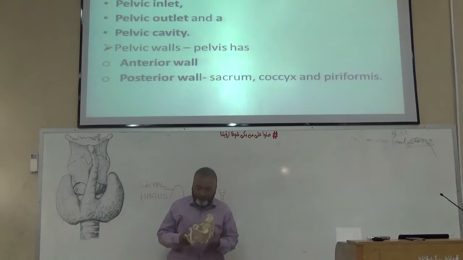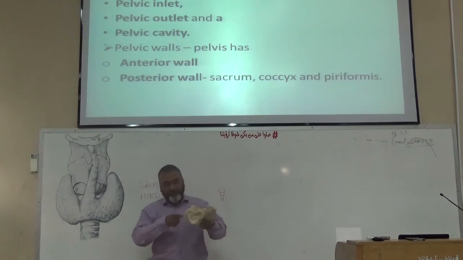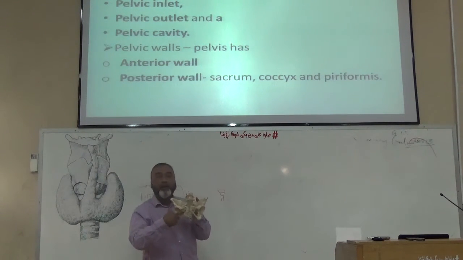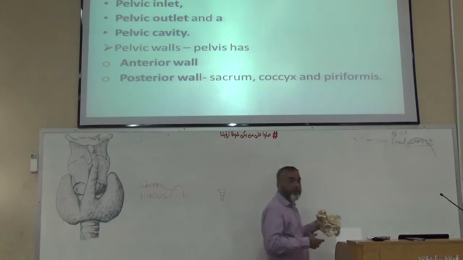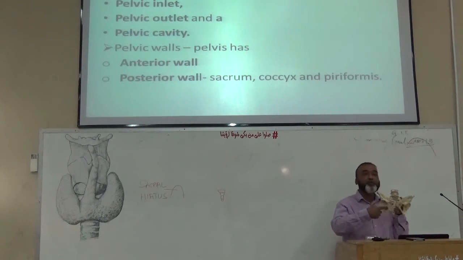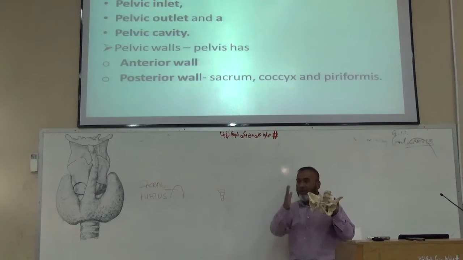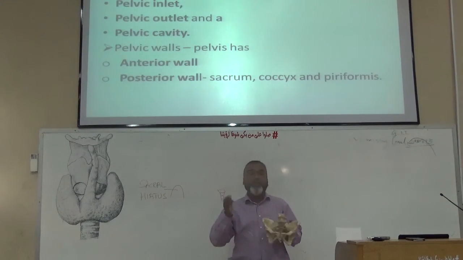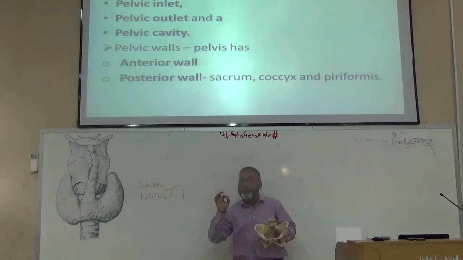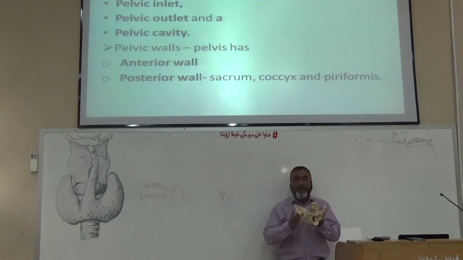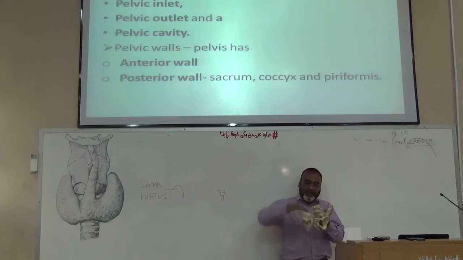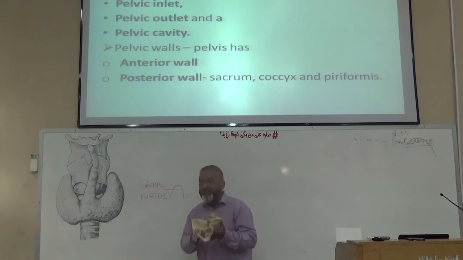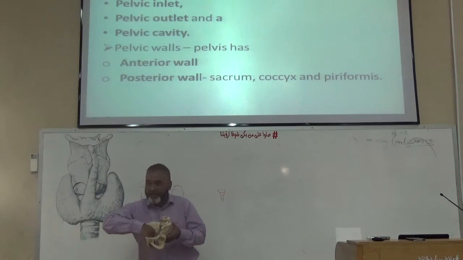What is this area? Yes, the obturator foramen. But in the living subject it is closed by a membrane named the obturator membrane, and on the outside and inside we have the muscles named the obturator externus and obturator internus.